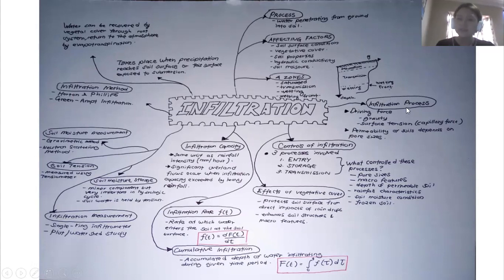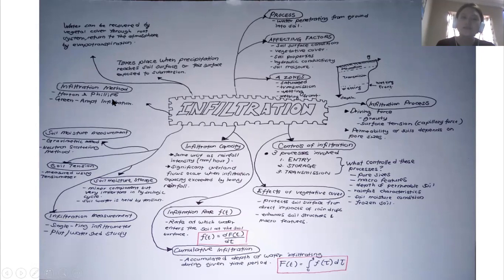The infiltration process consists of the determination of the driving force, which is gravity, and also surface tension, which is also called capillary force. The finer the soils, the stronger the capillary force. And next is also the determination of permeability of soils, which depends on the pore sizes of the soil itself.